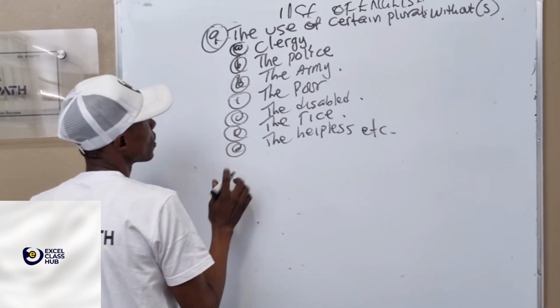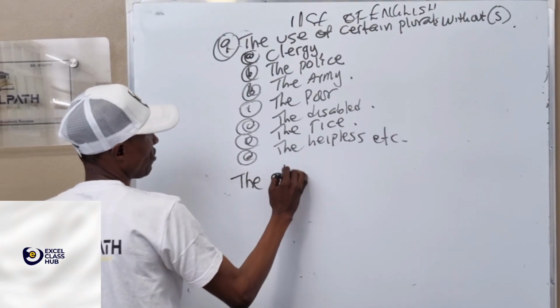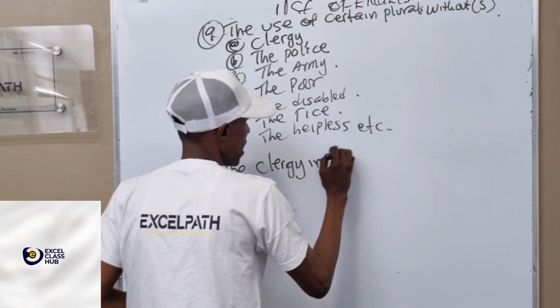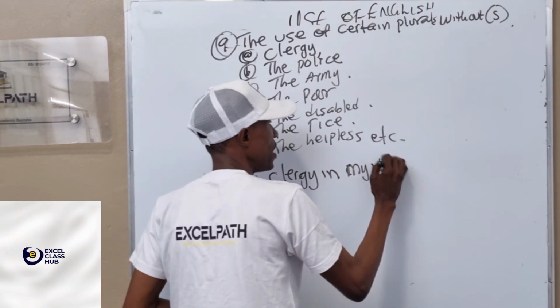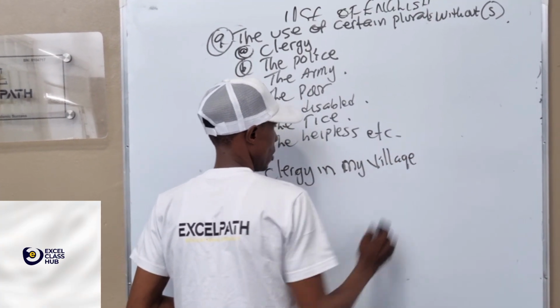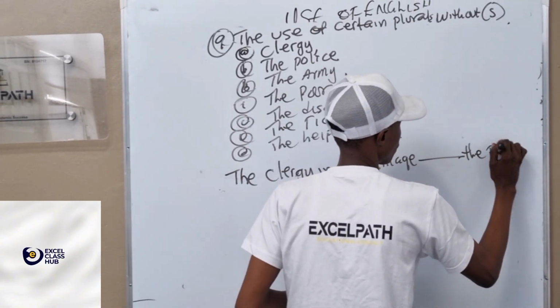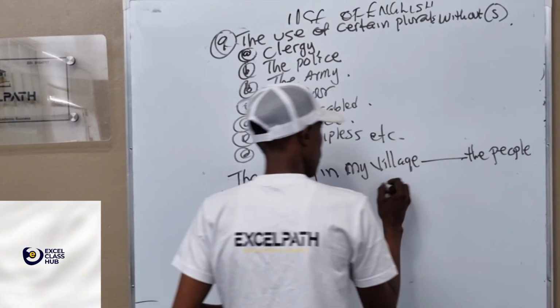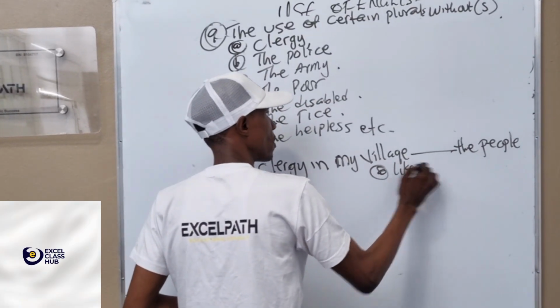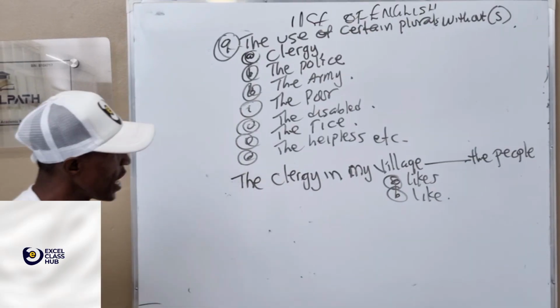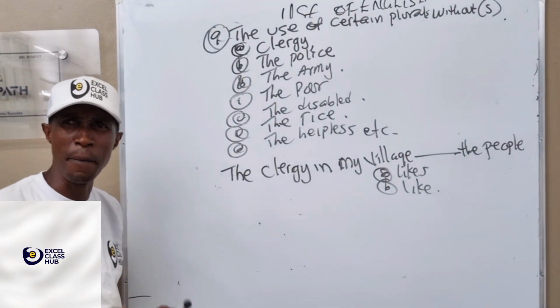Let's look at this. The clergy in my village dash the people. A, likes, and what? Like. The clergy in my village dash the people.